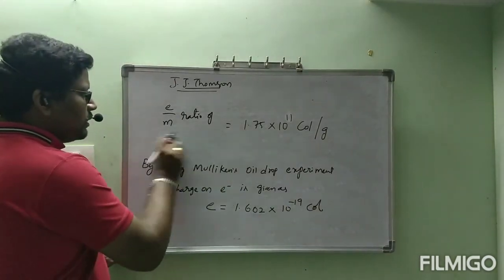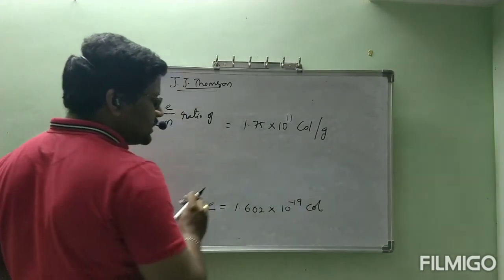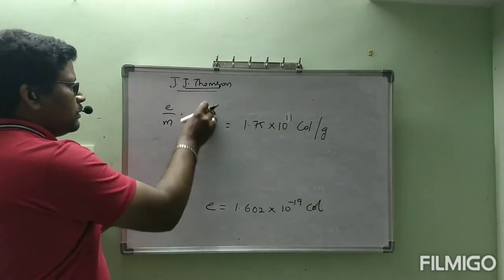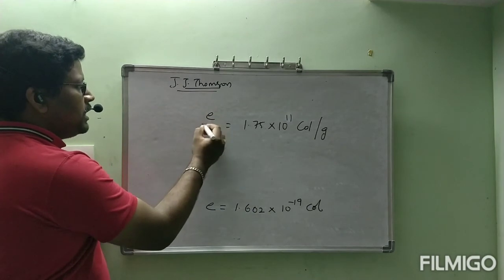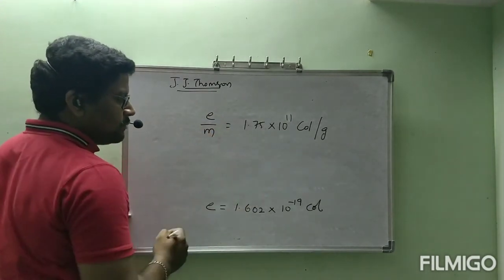Observe here. e is equal to 1.602 into 10 power minus 19 coulombs. E by M is equal to 1.75 into 10 power 11 coulombs per gram.